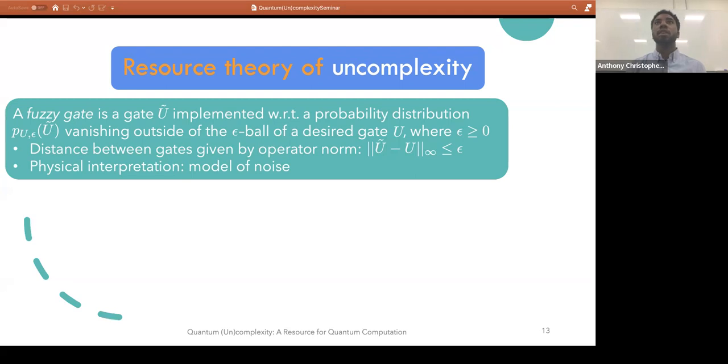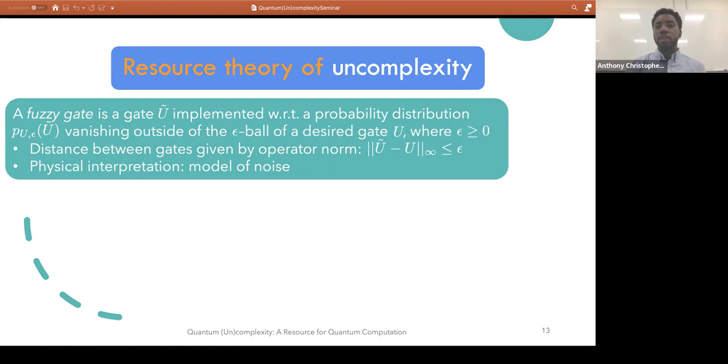Nevertheless, the idea here is just that we have this physical interpretation. I mentioned in the second bullet point that we have this model of noise around a desired gate U. So an agent wants to implement some unitary U, but there will be some amount of physical noise, as in any realistic situation.